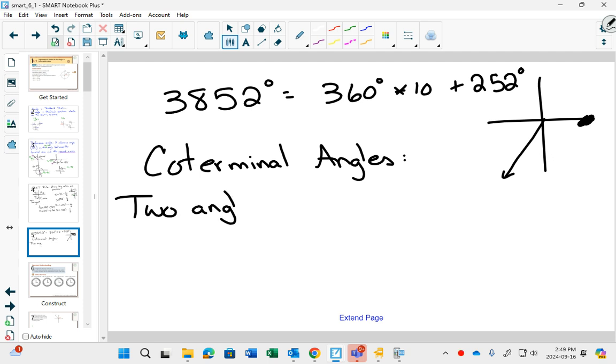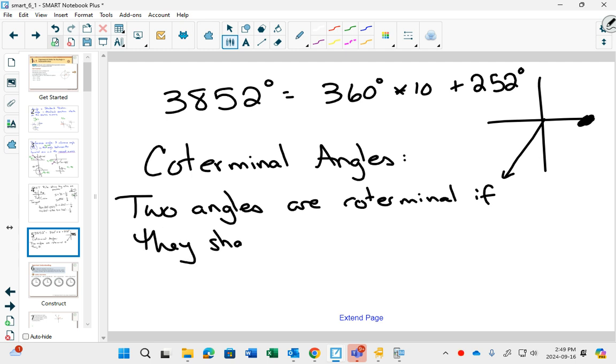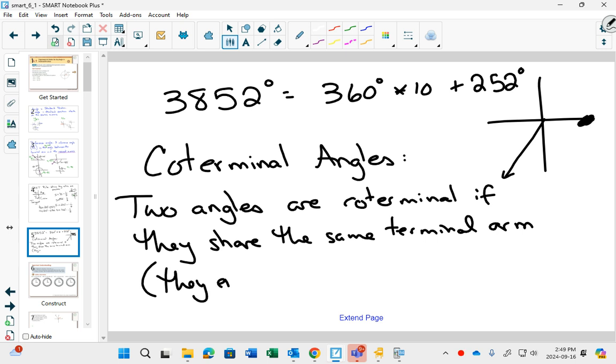Two angles are coterminal if they share the same terminal arm. In other words, they end at the same place. So two angles are coterminal if they end at the same place.